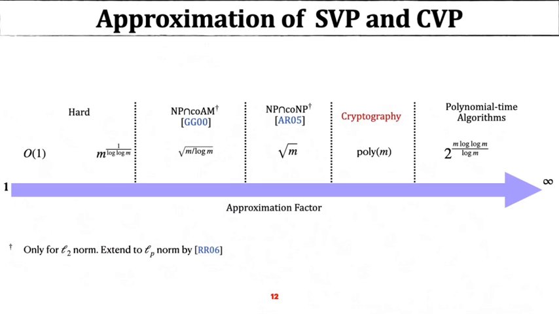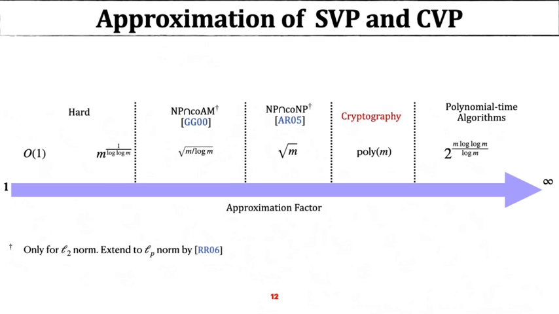Please note that m denotes the dimension of the lattice. When the approximation factor is square root m or square root m by log m, we believe that it is not hard, because for square root m it is in the class NP intersection coNP, and for square root m by log m it is in the class NP intersection coAM.